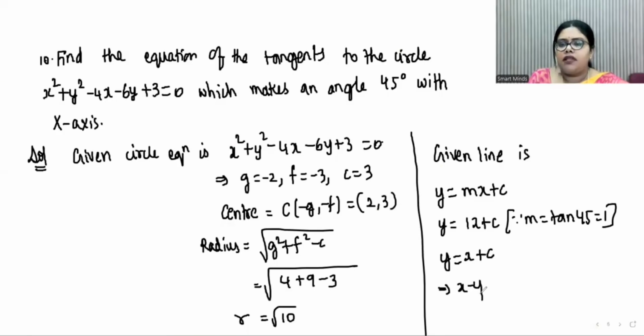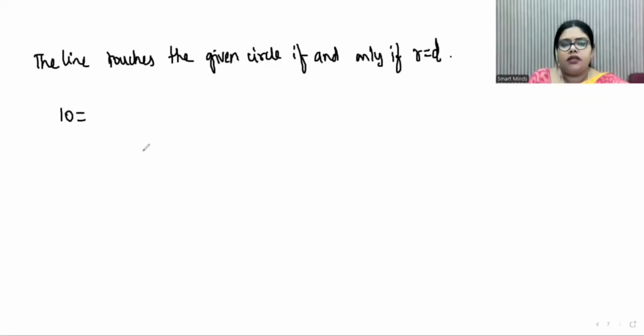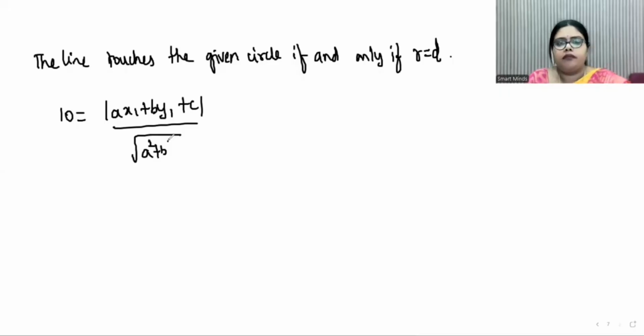So x minus y plus c is 0. From here we get a is 1, b is minus 1 and c is c. So here in the place of d we take the formula of perpendicular distance, mod ax1 plus by1 plus c by root a square plus b square.